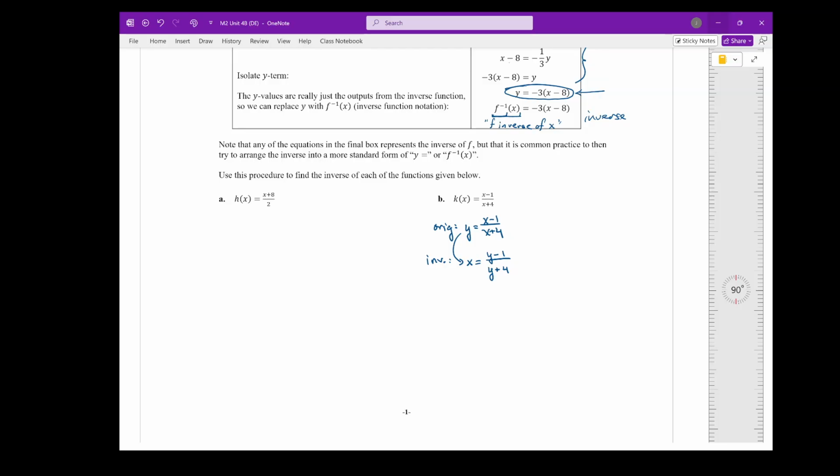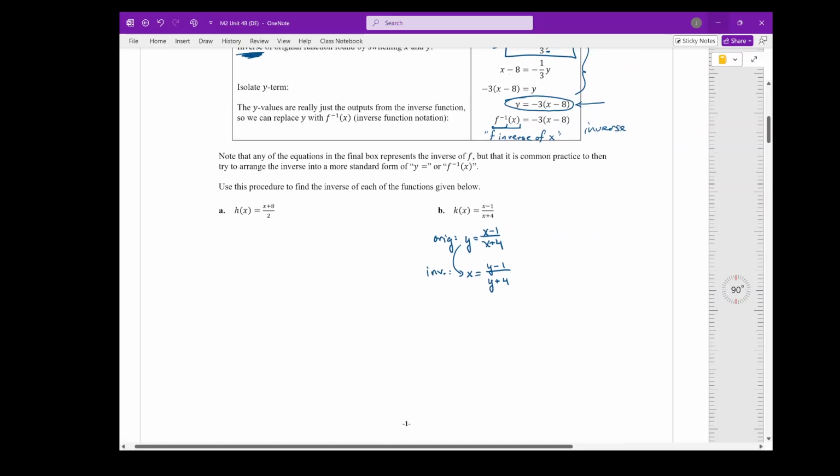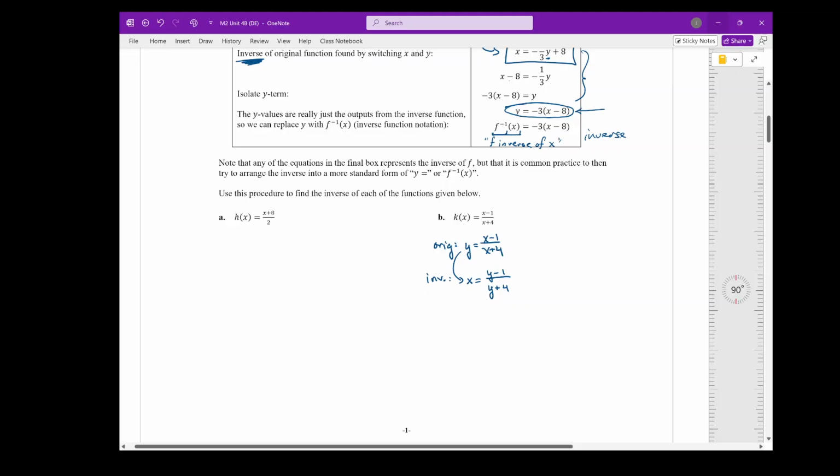Now the goal is to isolate y, which is not super obvious how to do the first time you come across one like this. In the top one, it was much easier because there's only one y to deal with. Here there are two y's to deal with, and they're not together. So I'm going to multiply both sides to get rid of the fraction, by y plus 4.